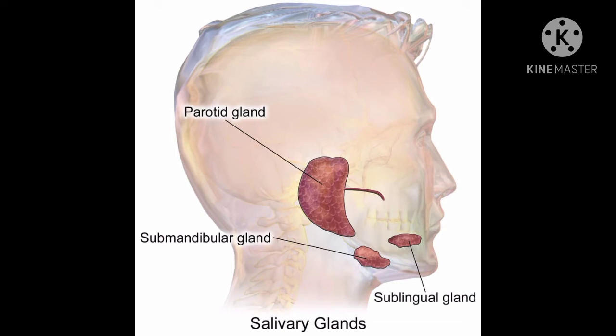And minor salivary glands, there are 800 to 1000 minor salivary glands, and they are located throughout the oral cavity within the mucous layer. Do you follow?